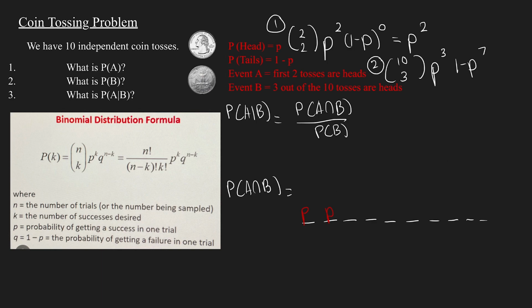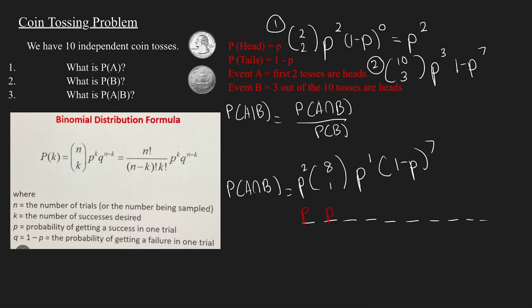To do that, we use the total number of slots left and how many heads we need, which is 8 choose 1, times p to the 1, 1 minus p to the 7. Oh, forgot about the p times p, which is p squared. That is the probability of A and B.